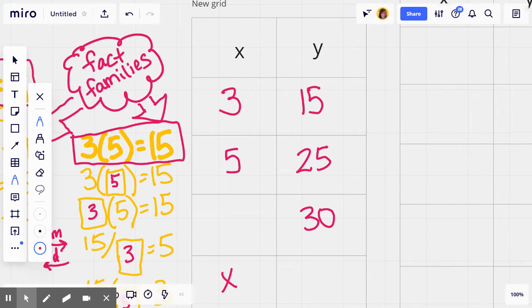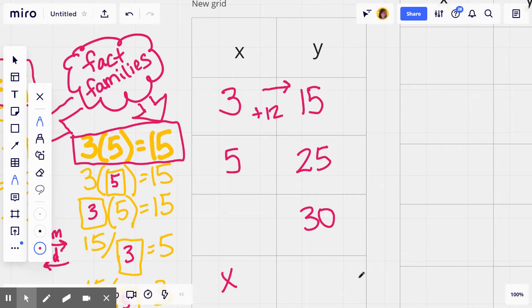How did I get from x to y? Remember, right here, I'm going in this direction. How did I get from x to y? Well, there's a couple of options here, right? So maybe I added 12 because 3 plus 12 is 15. So that can be my first guess.